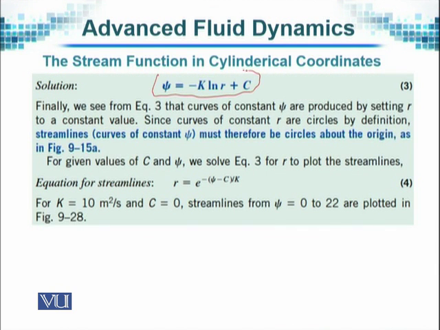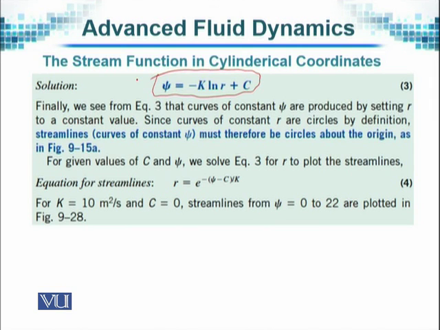And we have done the first part, that is, we have determined the value of psi, and then we have to draw the curves for psi. The curves for psi have to be obtained by setting r to some constant value. As we keep giving r different constant values, we will have different plots for psi.